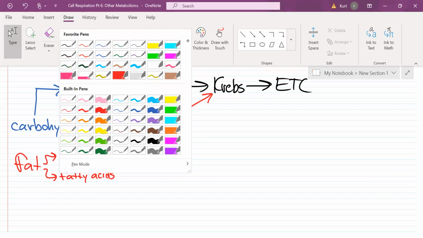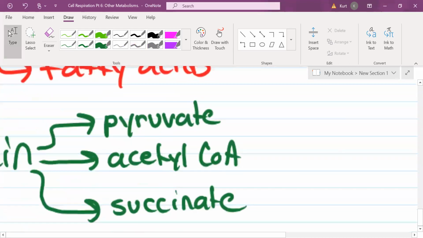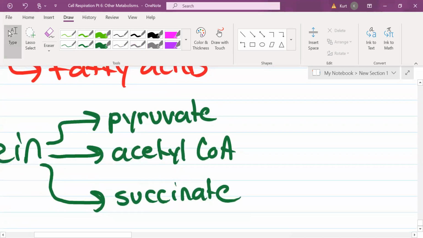Okay, and then lastly, we have protein. We break this up into 3 parts: pyruvate, acetyl coenzyme A, succinate. Amaya, where would pyruvate that is made from protein enter cell respiration?